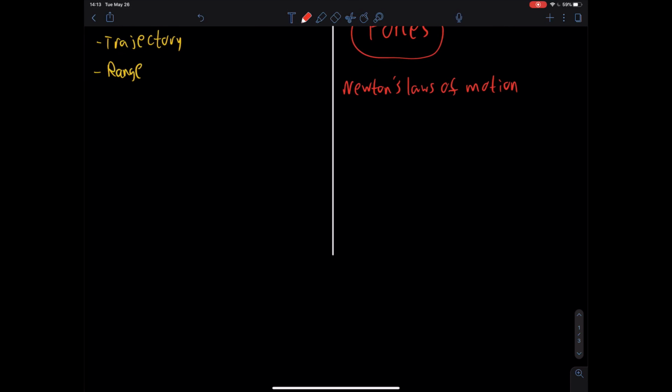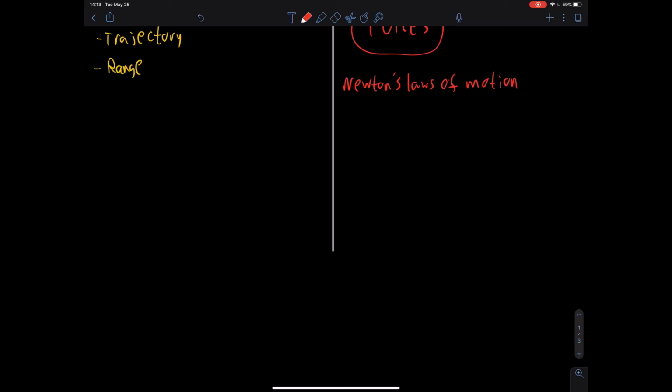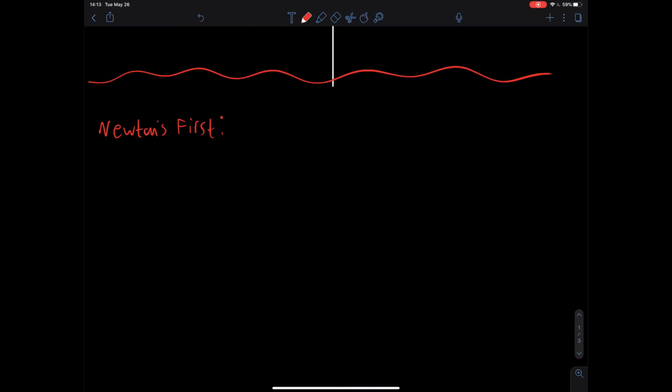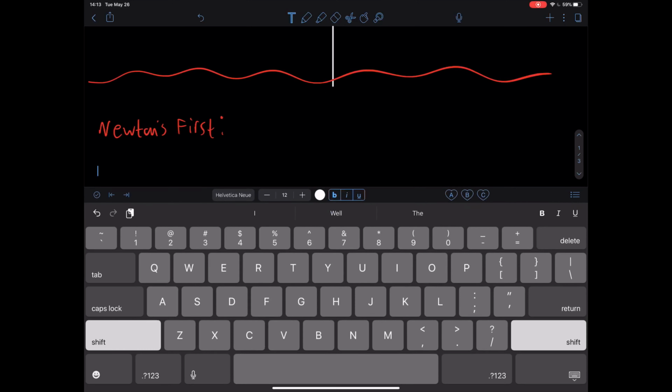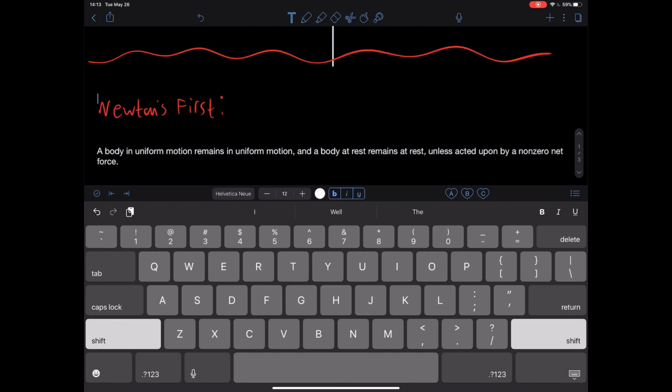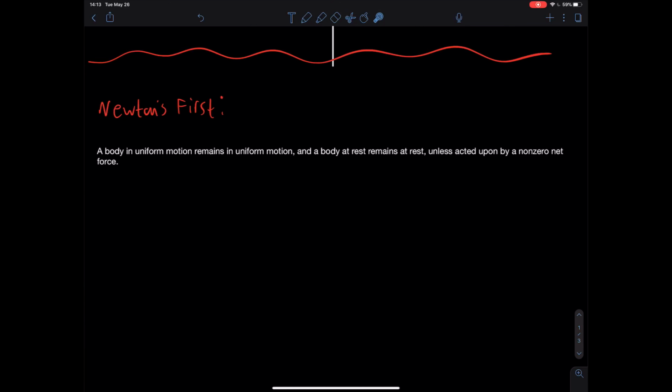What is Newton's first law? And I've got it copied here so I don't have to write it all out. Newton's first law says, a body in uniform motion remains in uniform motion, and a body at rest remains at rest unless acted upon by a non-zero net force.